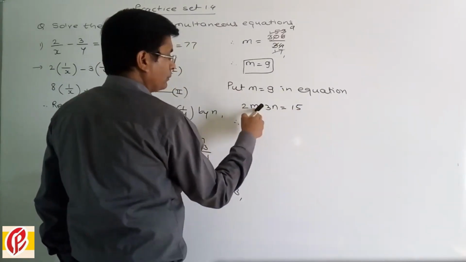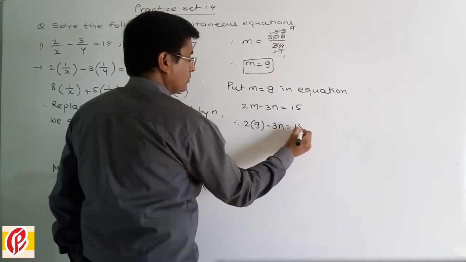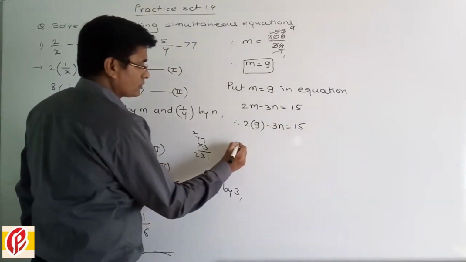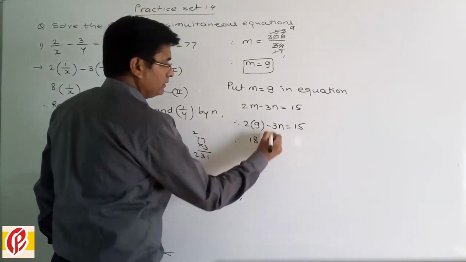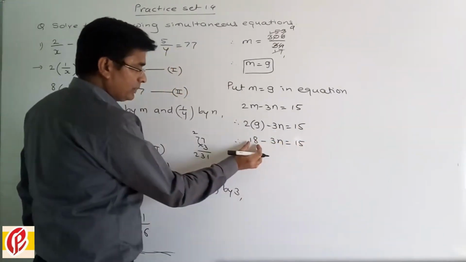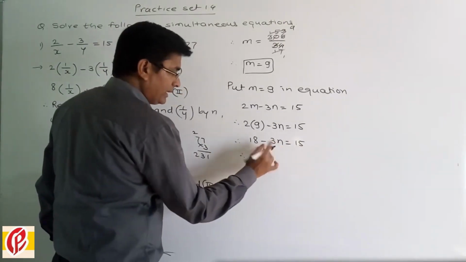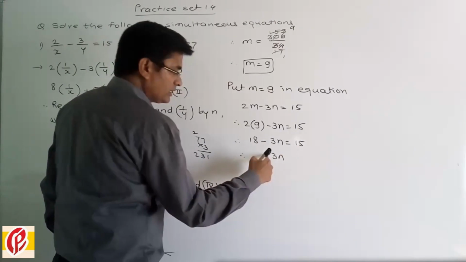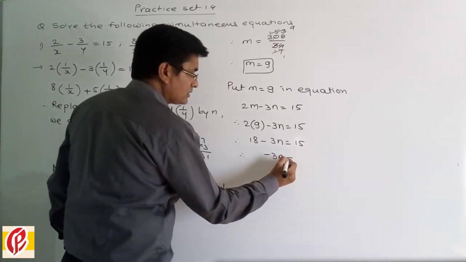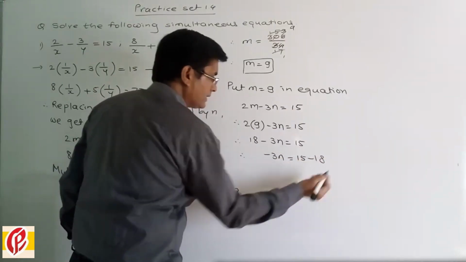Replacing this m with 9: 2 9s are 18 minus 3n is equal to 15. Now shift this 18 to that side. Here 3n has a minus sign, don't forget to put this minus sign here. Minus 3n is equal to 15, then shift plus 18 to that side, minus 18.